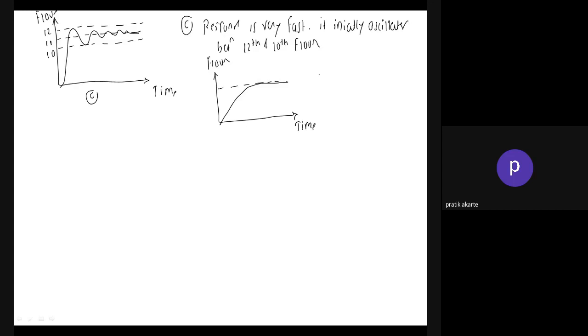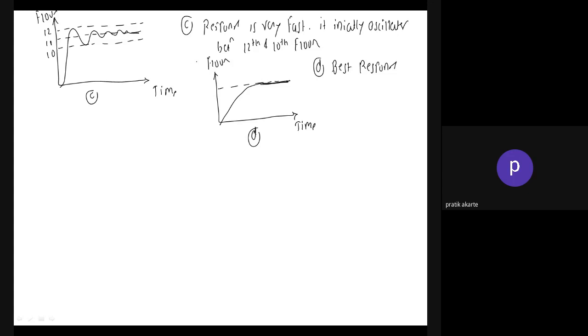So this D response is the best response, in which the elevator rises in a smooth manner and stops exactly at the 11th floor. So these are the possible responses of the elevator that can happen when supplied with a certain input.